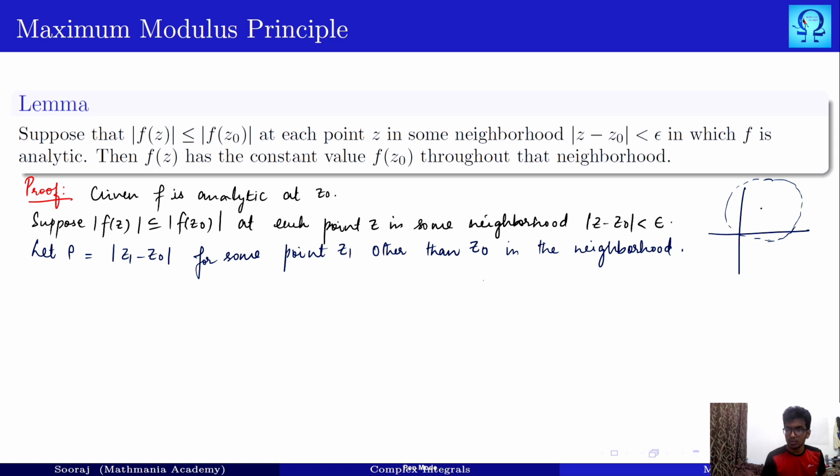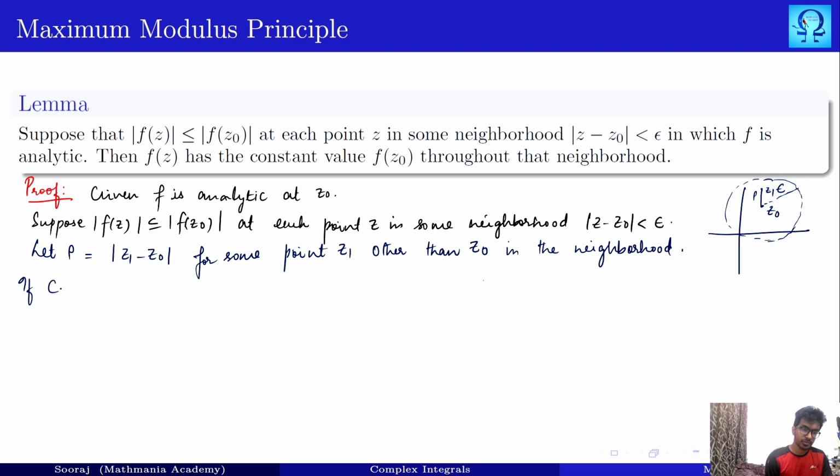For the point z naught with epsilon radius we have found the neighborhood, and inside this neighborhood you identify some point z1. You can have your z1 to be here, and take this distance as rho.